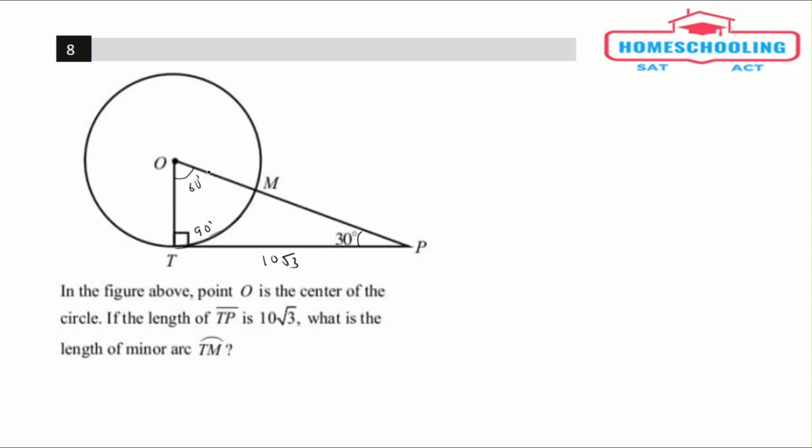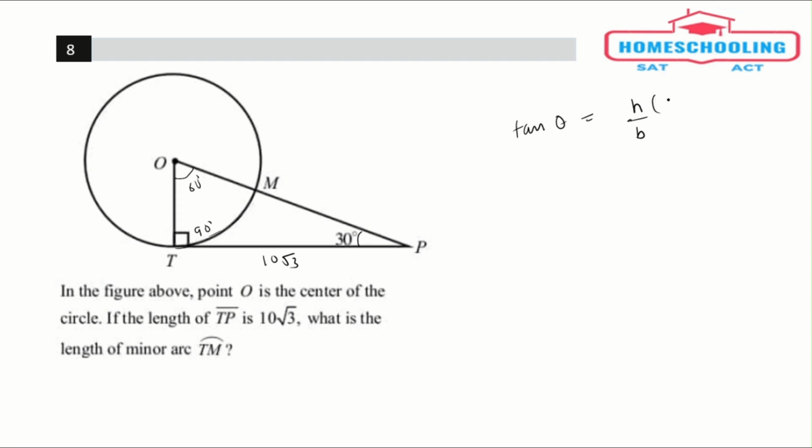Let's see how we are going to approach this question. We have to find the value of OT first. In the trigonometry and right triangle chapter, we have read the tan theta formula. So tan theta is equal to height by base.